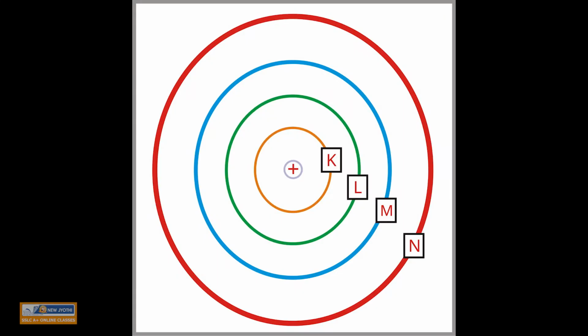Negatively charged electrons revolve around the nucleus in various energy levels called shells. The first shell nearer to the nucleus is called K shell, the second is called L shell, the third is called M shell, and the fourth one is known as N shell, and it goes on like that.